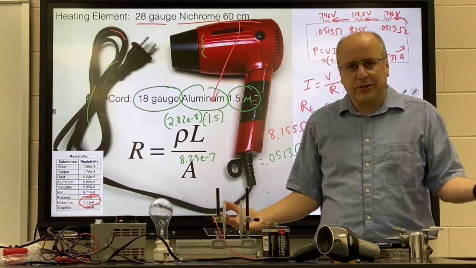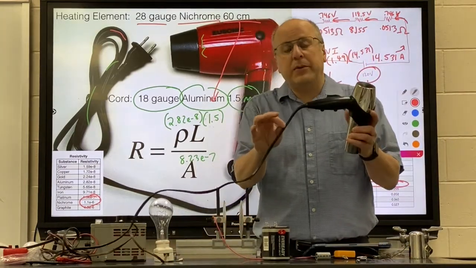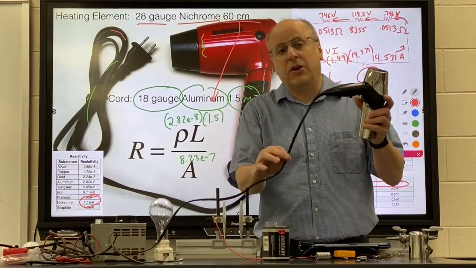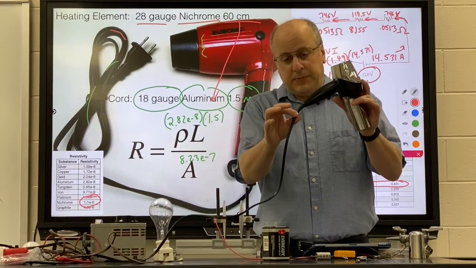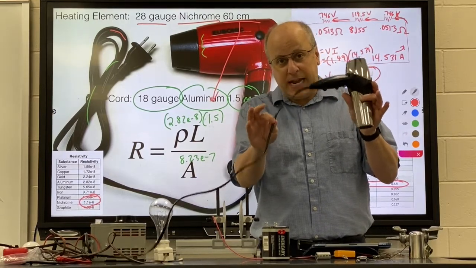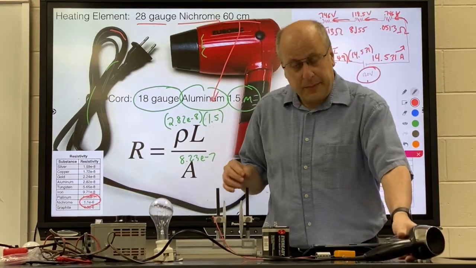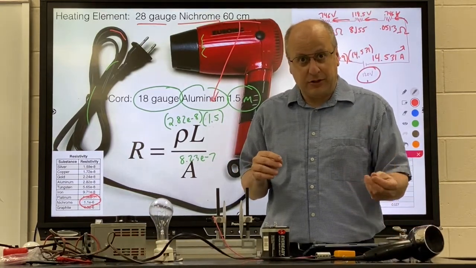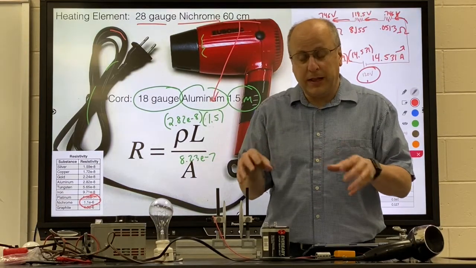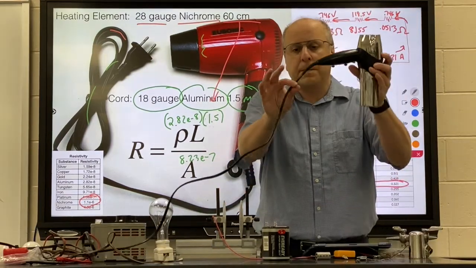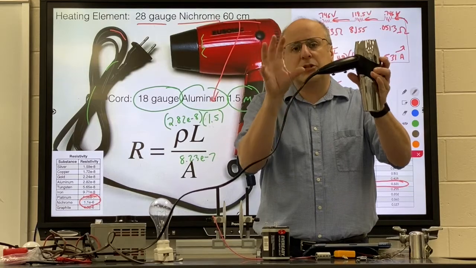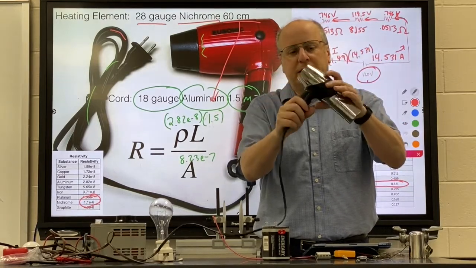So who cares? The reason why we care isn't because it's going to take a little longer to dry our hair. It's because that power is going to generate heat. And if we generate too much heat in our power cord, it can be a potential fire hazard. So the important thing to realize is when you set things up, you want this cord to have the smallest possible resistance.